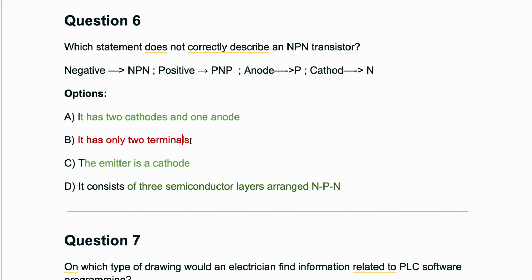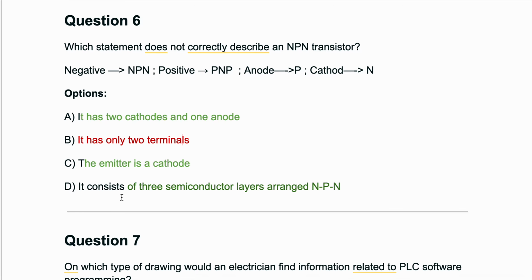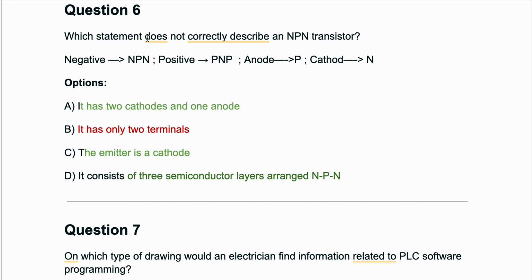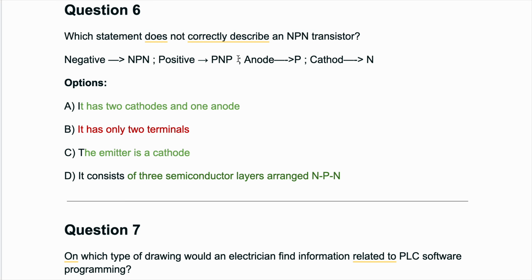But if we don't have "does not," then we have three right answers. I think we need to add "does not correctly describe the NPN," so this one should be the answer.